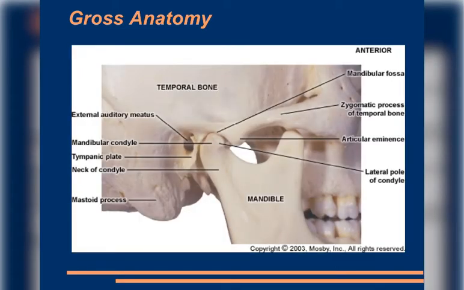As we can see here, this is the ramus and this is the condyle. So it's not at right angle to the ramus, and it's not in line with the ramus. So there is sort of an obtuse angle between the long axis of the condyle and the ramus.